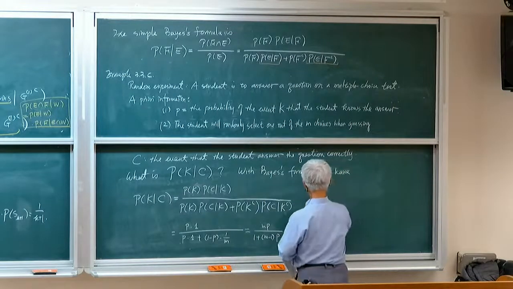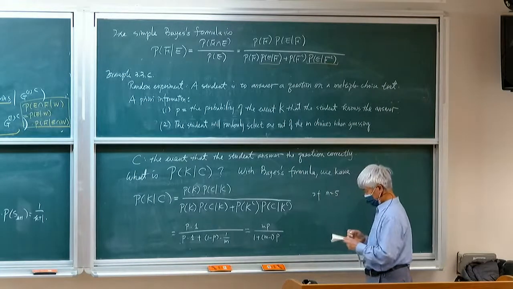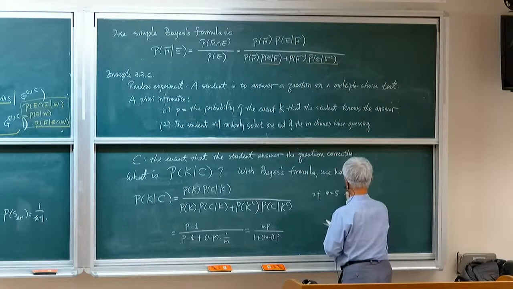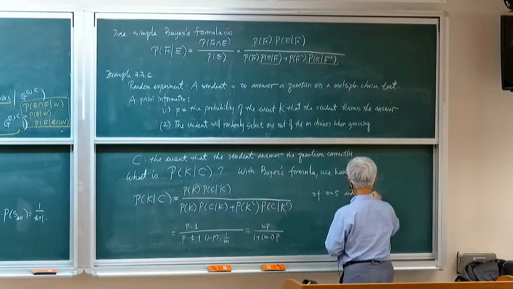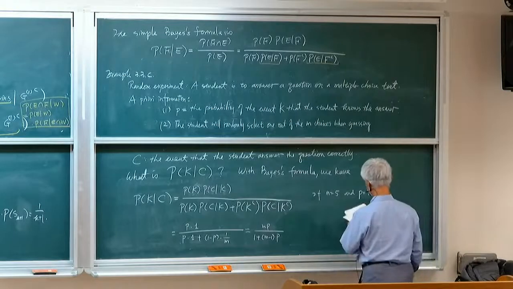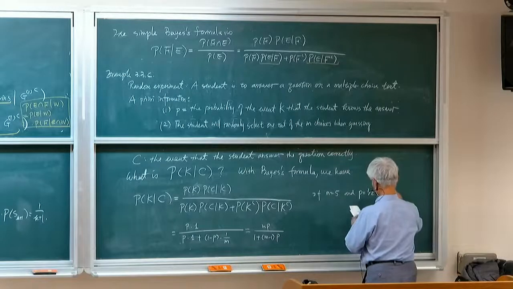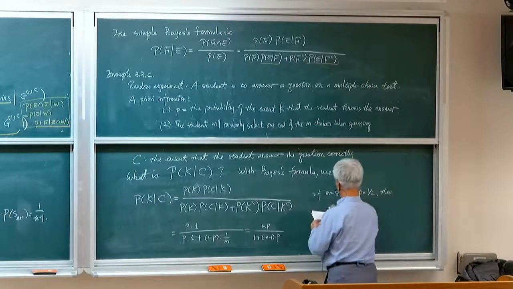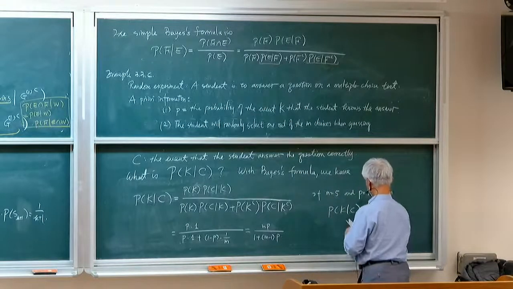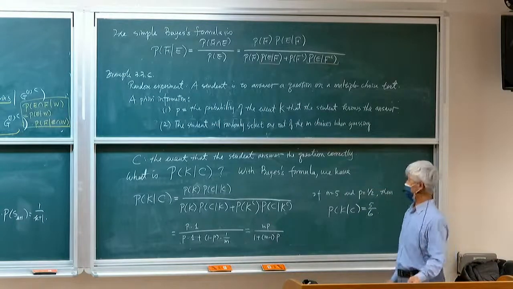Okay, and so if m is 5, so the question has 5 choices, and the probability p is 1/2, so half of the students know the answer of the question. Okay, then P of K given C, this conditional probability, would be 5/6. So that is pretty high. Okay.